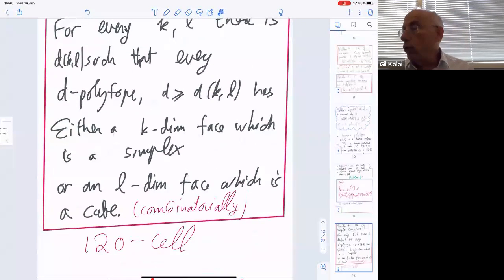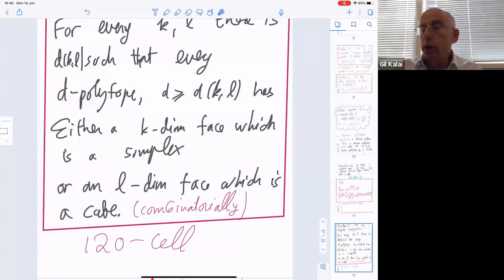And this is an opportunity to mention one of the regular polytopes in dimension 4. In dimension 3, there are 5 Platonic solids. And in dimension 4, there are 6 regular polytopes: the regular simplex, the cube, the cross polytope, and then 3 others.